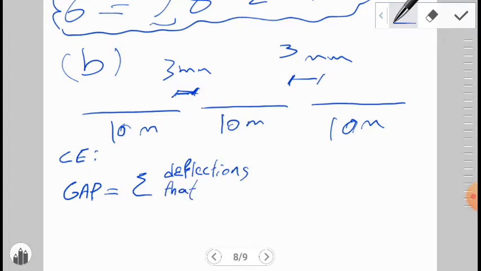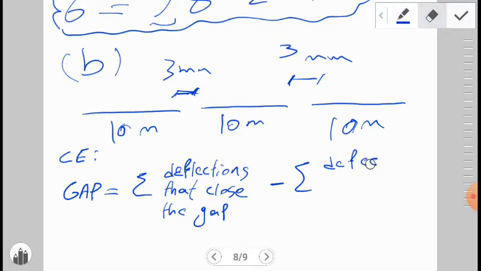the sum of deflections that close the gap minus the sum of deflections that open the gap.